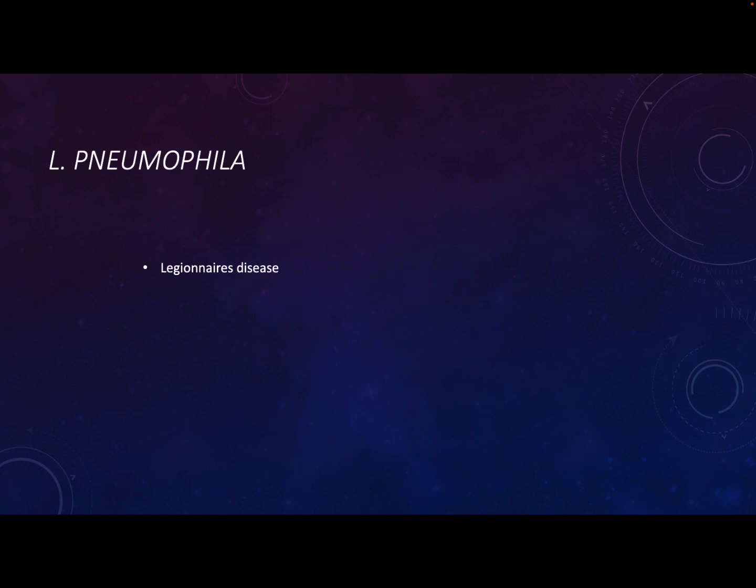So it's a social organization. It's, again, mostly old men. So it causes a disease that we call Legionnaire's disease. And we call it that because the first time it was ever characterized, it caused an outbreak of disease during an American Legion convention at a hotel in Philadelphia.